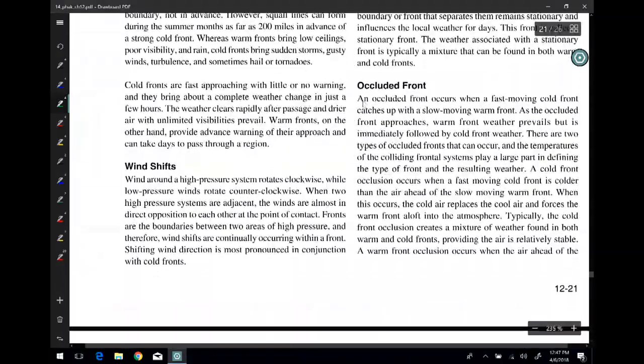Normally, an occluded front will occur in the eastern quadrant of a real tight low pressure system and can rotate around to the north of that pressure system, depending upon how tight that low is.